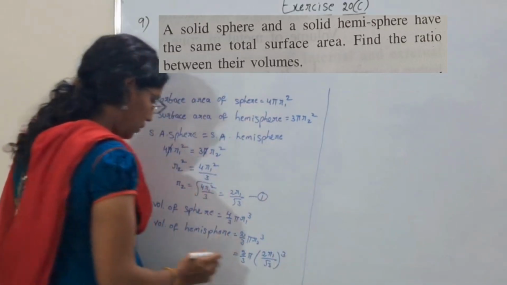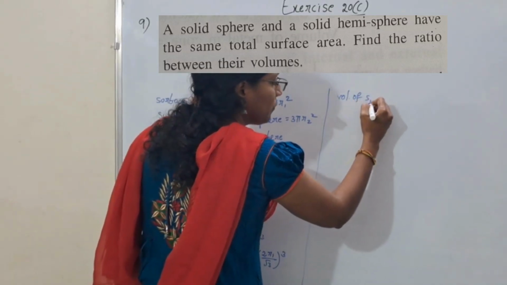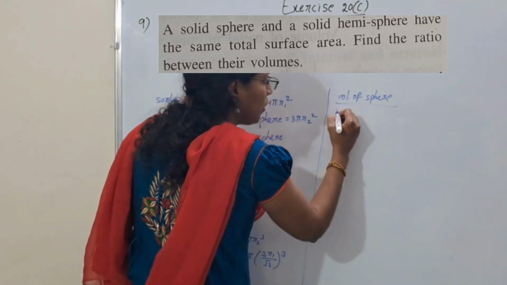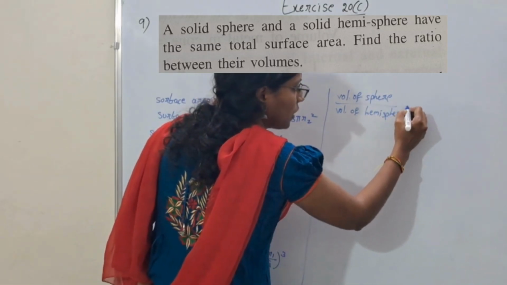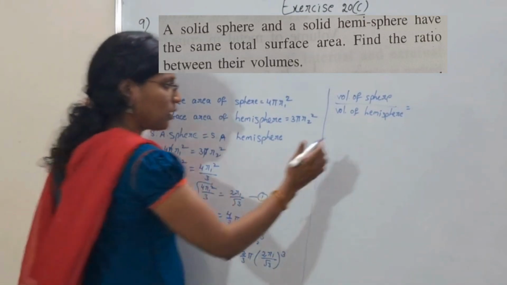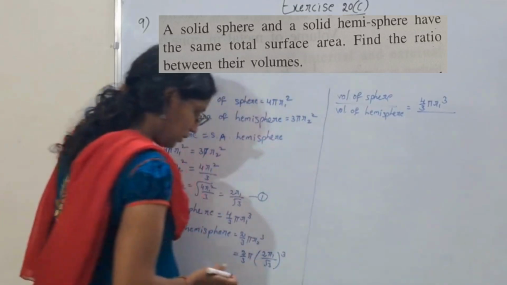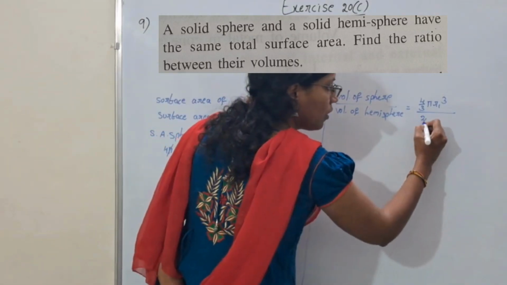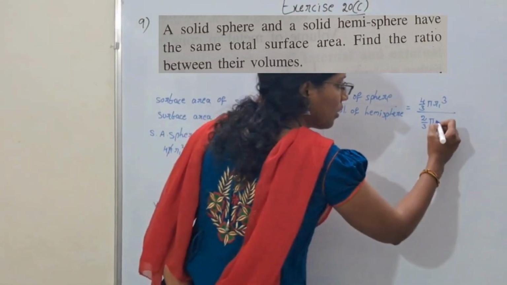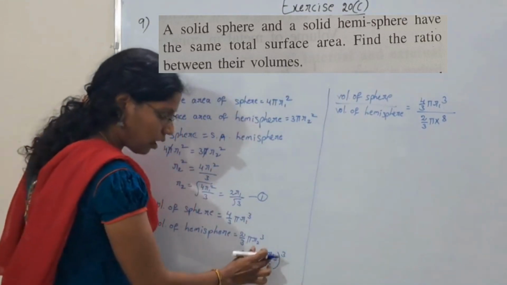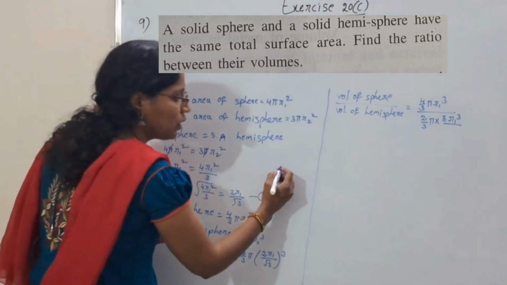Now find the ratio. Volume of sphere by volume of hemisphere is equal to 4 by 3 pi r1 cube by 2 by 3 pi, here 2 cube 8, r1 cube by root 3 whole cube.